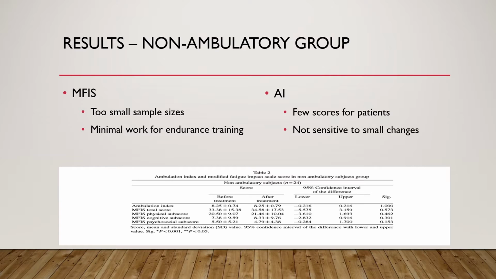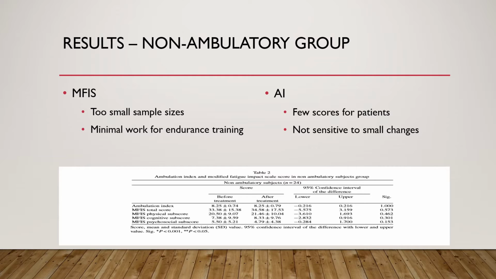So this slide is the results for the non-ambulatory group for both the Modified Fatigue Impact Scale and the ambulatory index. As you could see on the numbers, there was a very small subject size of only 24. So both outcomes were very minimal, if at all. And actually, if you look at the ambulation index in the bottom chart for the top row, the numbers were pretty much exactly the same.